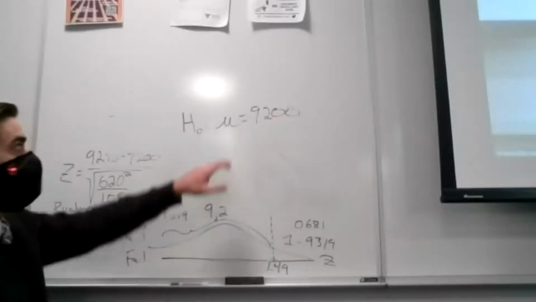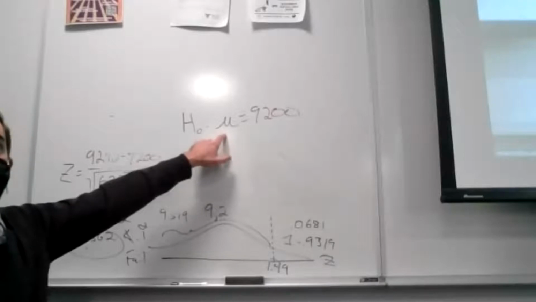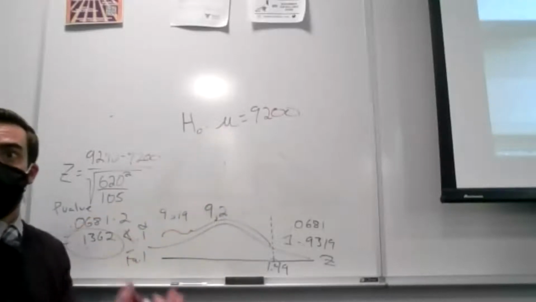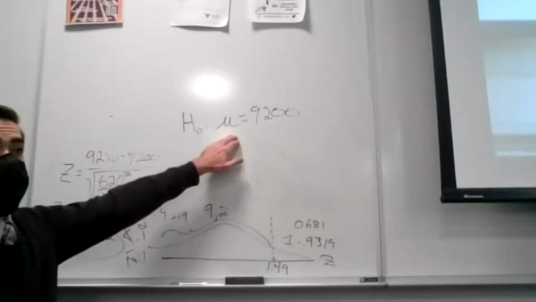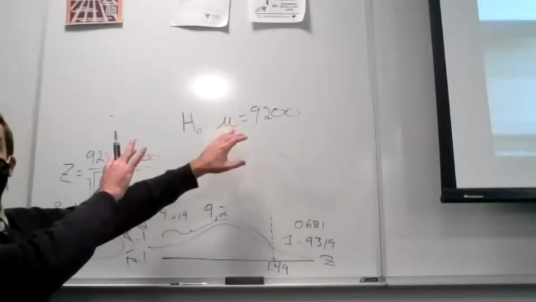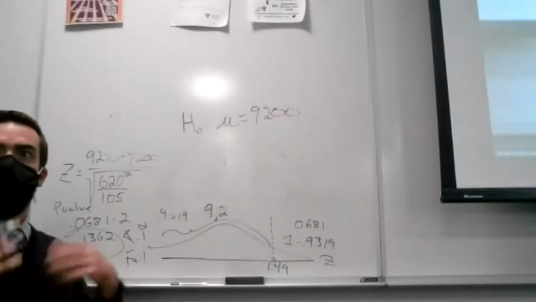So if I can reject this, what I'm really saying is that I'm rejecting that the mean is equal to 9,200. So what I'm saying is that it's not. Based off the sample evidence I found, this can't be the true population mean. I reject this assumption. That one is a little bit easier to think about, I think.